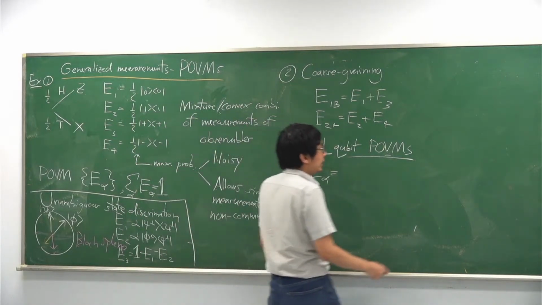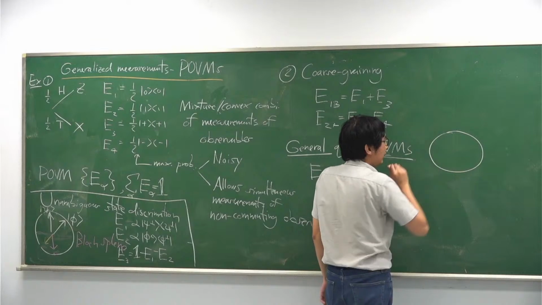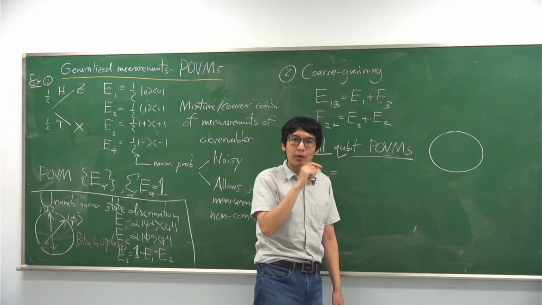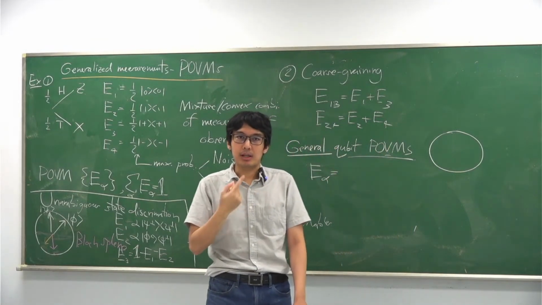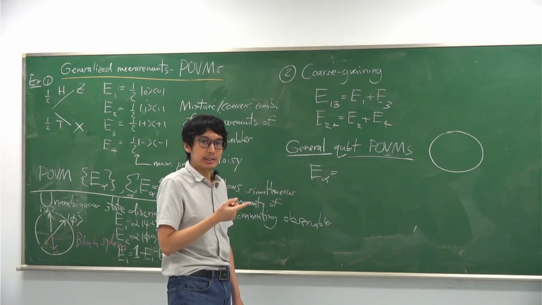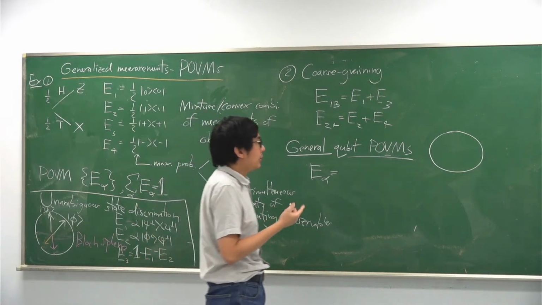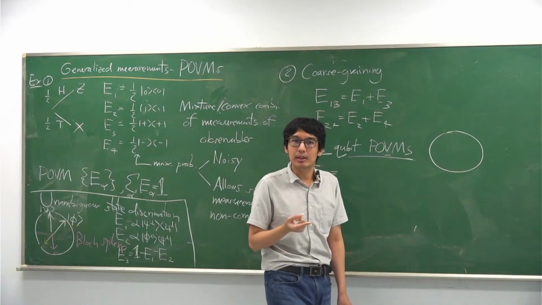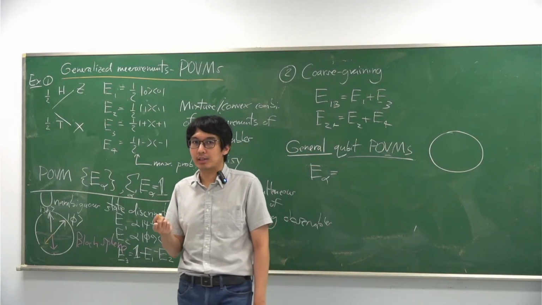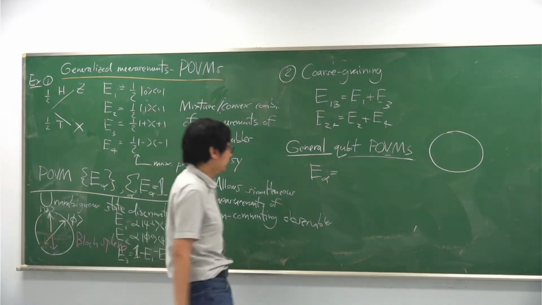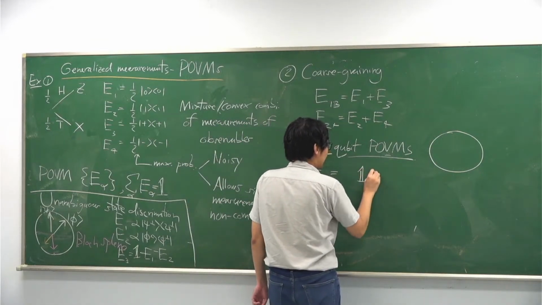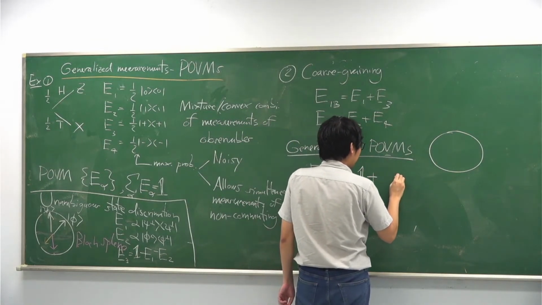So everything that's on the Bloch sphere or within the Bloch ball is a positive operator. It's the set of density operators, but we can also change the trace as well, unlike the state where the trace is fixed to be 1. And so I can write it like this.